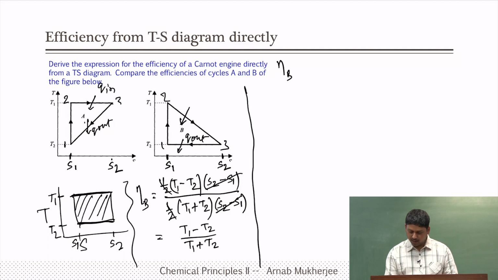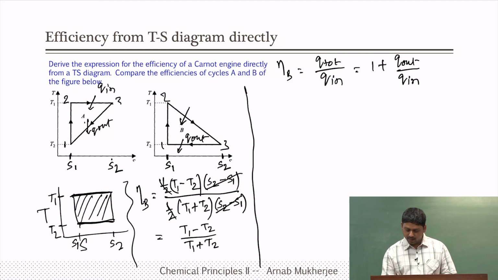So, efficiency B can also be written as Q tot by Q in, or 1 plus Q out by Q in. And Q out, how much did we get?